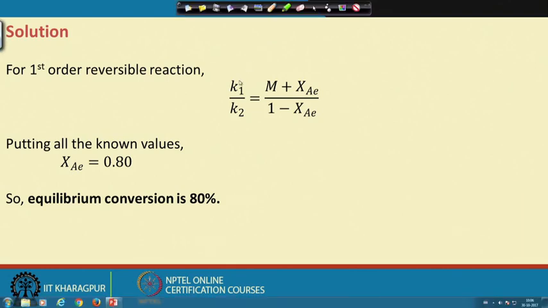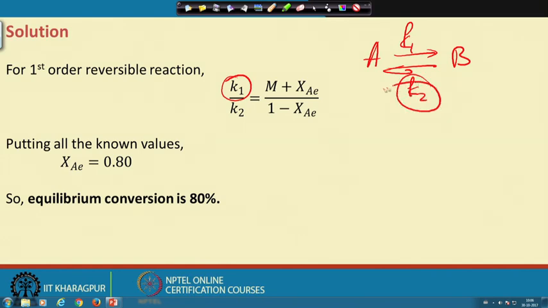K1 is the rate constant of the forward reaction, and K2 is for the backward reaction. Now, if you take the ratio K1 by K2, this is equal to (M plus XAE) by (1 minus XAE). What is XAE?